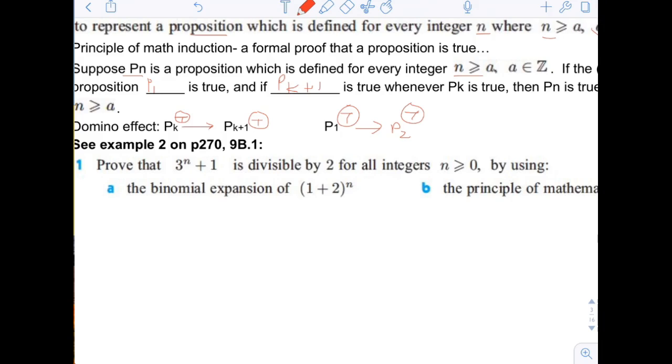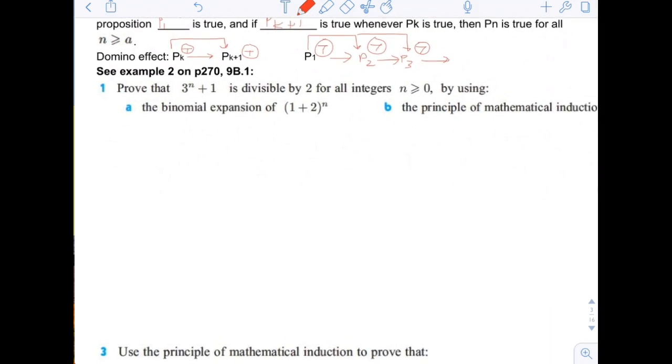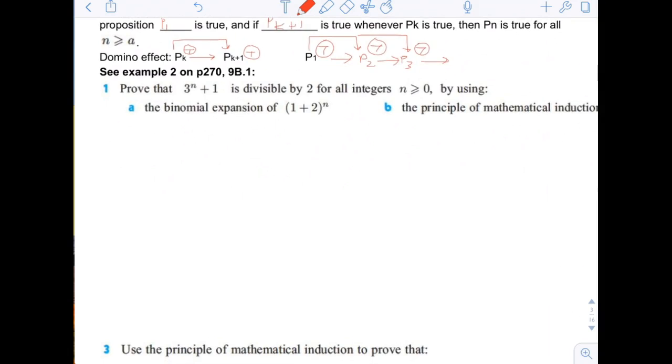Because if P of k true leads to P of k plus 1 true, then P of 1 true leads to P of 2 true. And if P of 2 is true, then that leads to P of 3 is true, and so on until you get to infinity, right? So that's the principle of math induction.